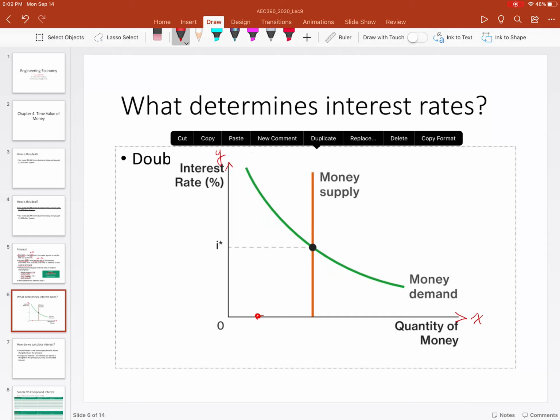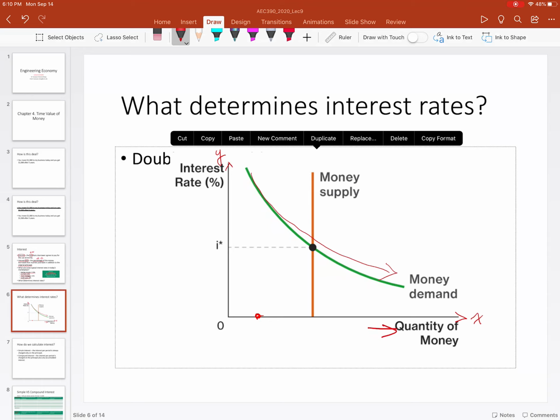It's going down. Going down means what? It means when the quantity of money goes up, to the right side, when there is more cash flow on the market, then the interest rate will be lower. Because there is more money on the market, the interest rate will be lower. You don't have to pay too much interest to get the money because there is plenty of money out there.